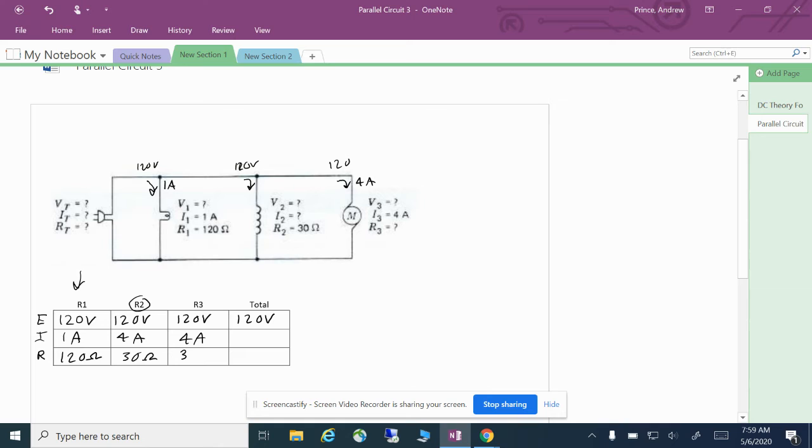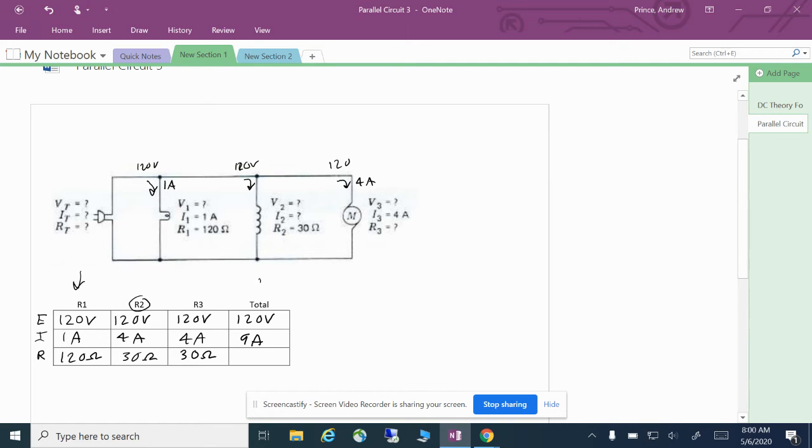So the values for resistor 2 and 3 are going to be the same. Now if I add up the current based on what we know about parallel circuits, that each branch adds up for the total current, I have 4 plus 4 plus 1, which gives us 9 amps.